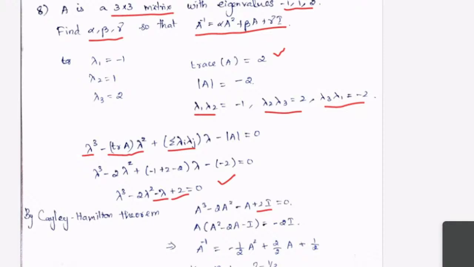So multiplying with A inverse, and dividing by -2, we'll get A inverse is equal to -1 by 2 A square plus 2 by 2 A plus 1 by 2 into I. So A inverse can be written as alpha A square plus beta A plus gamma I. So alpha is -1 by 2, beta is 1 and gamma is 1 by 2. These are the values of alpha, beta and gamma.